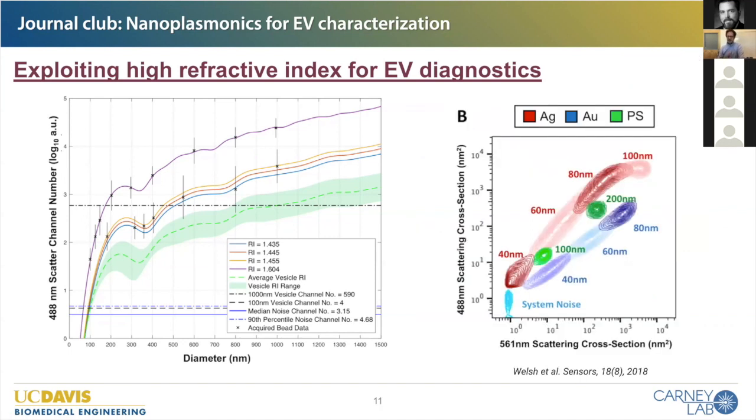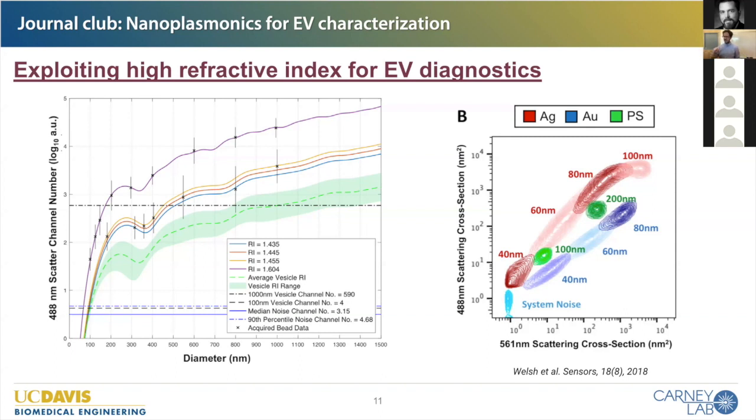Okay, so back to the high refractive index of these metallic nanoparticles. Continuing in this study, Josh at NIH, they're experts in single particle flow cytometry, showed the potential use of these high refractive index materials as scattering probes for flow cytometry. In this data on the right, you can see various sizes of silver and gold nanoparticles in red and blue.